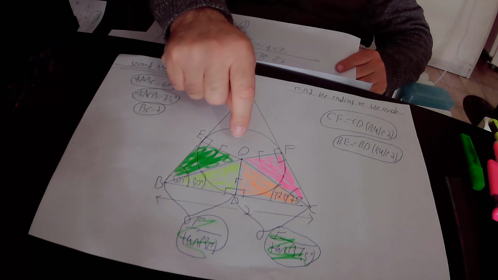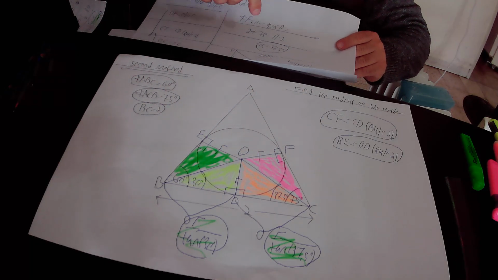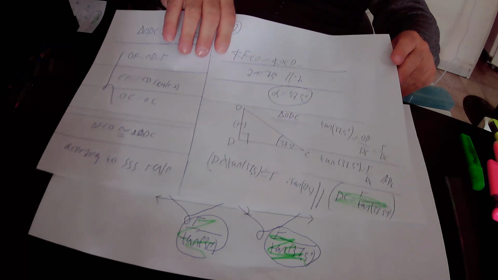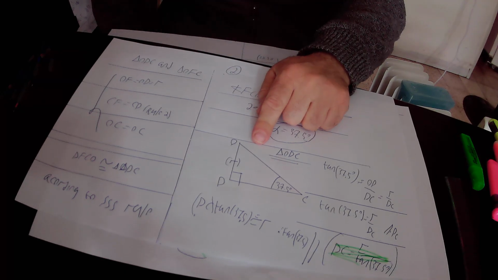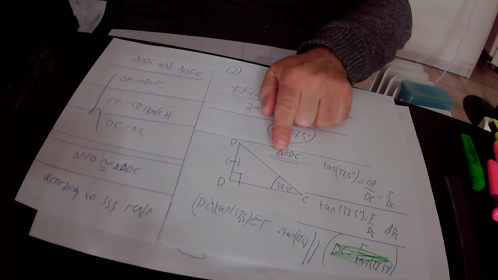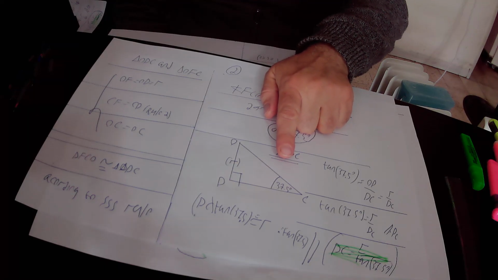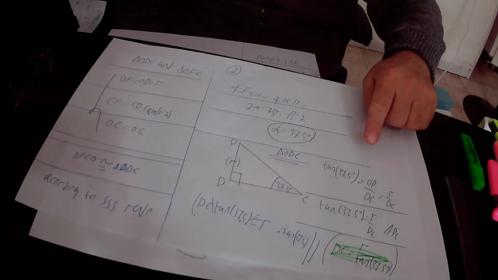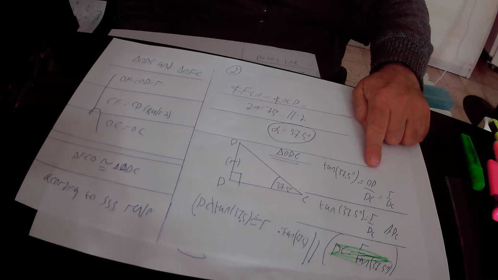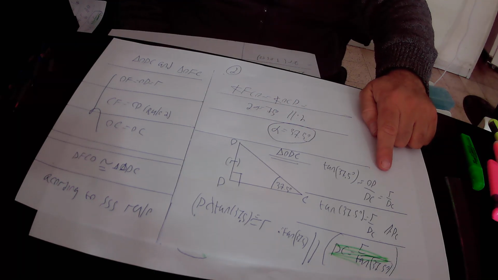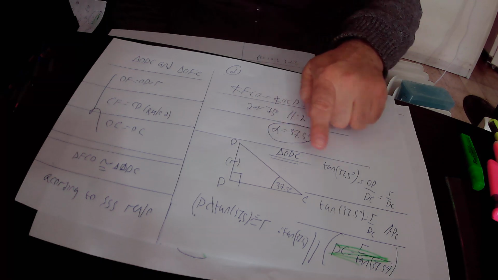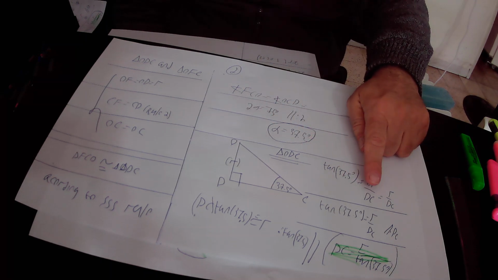Then I copied the right orange triangle ODC onto a new page. This is the right orange triangle ODC that I copied from the original drawing. In this right triangle ODC, tan 37.5 degrees equals OD over DC. OD is R, so tan 37.5 degrees equals R over DC.